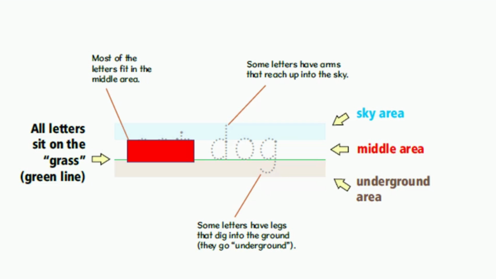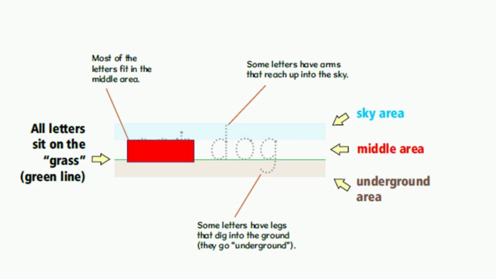So D has an arm, and so it touches the skyline. G is digging the ground and it has a leg, so it touches the ground line. And O doesn't have any arm or leg, so it fits in the middle area.